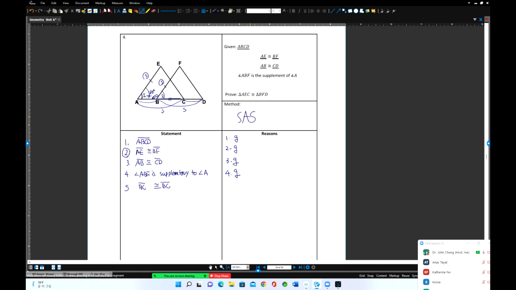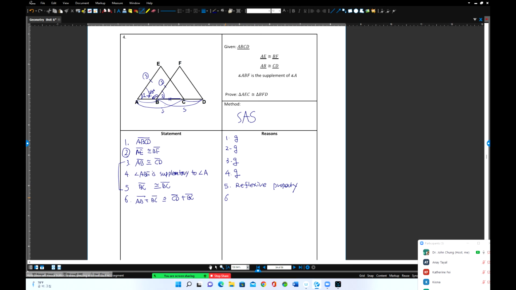Side, angle, side. So from here, you can see AB plus BC, segment BC, congruent to CD plus BC, okay? Reflexive, that is why. I'm sorry, I forgot this one: reflexive property.